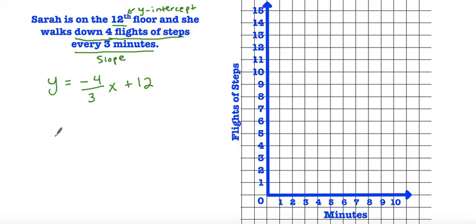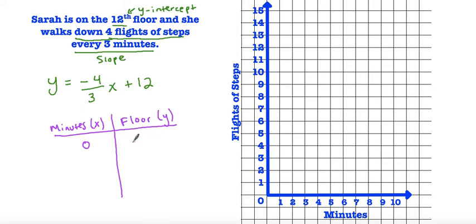And so now we're going to make a table to represent this. Minutes is our x, and the floor we're at is our y. At 0 minutes, before she starts going down the steps, she's on the 12th floor.